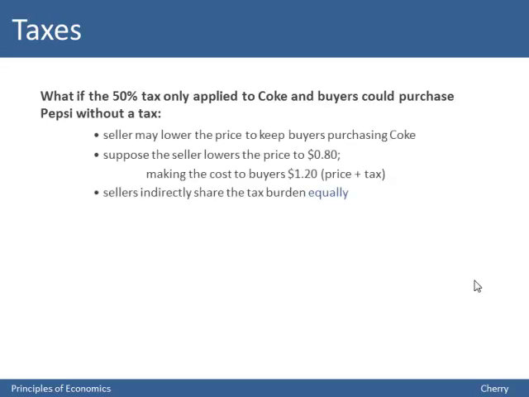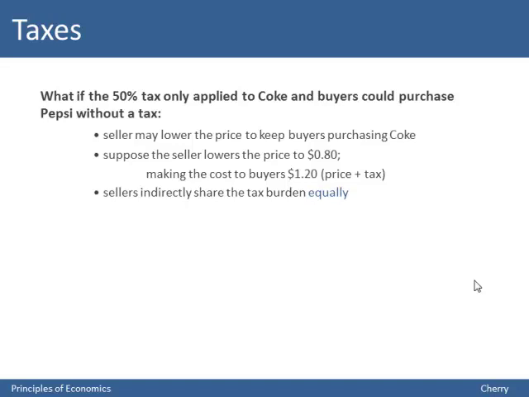The seller might lower the price to keep buyers from purchasing the Pepsi, to avoid losing buyers to Pepsi. Right? So they know that if they don't do anything, a lot of buyers are going to stop buying Coke and buy Pepsi. So they're going to respond by lowering their price and, in a sense, eating some of that tax, or taking the burden of some of that tax, sharing the burden with the buyer to try to keep some of those buyers.